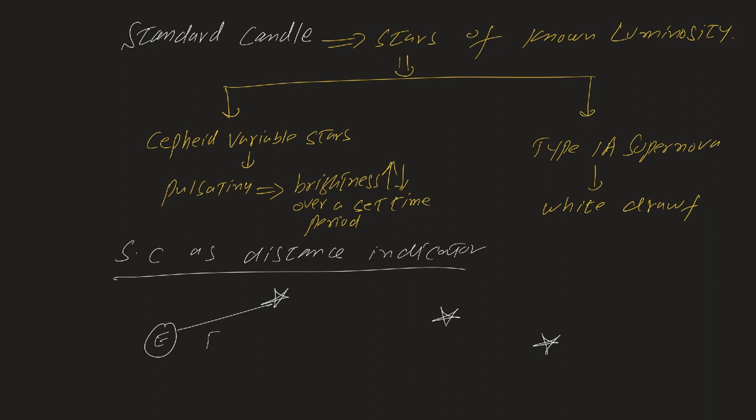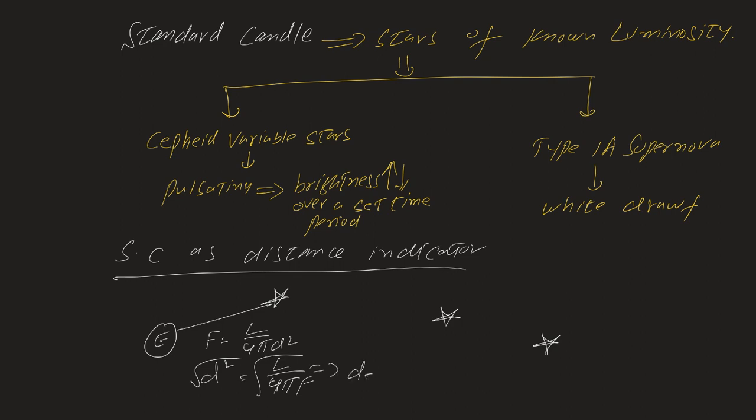So you are able to find the distance by applying the rule of radiant flux intensity. F is equal to L over 4 pi d squared. So d squared is equal to L over 4 pi F. Take the square root, then you are able to calculate d.